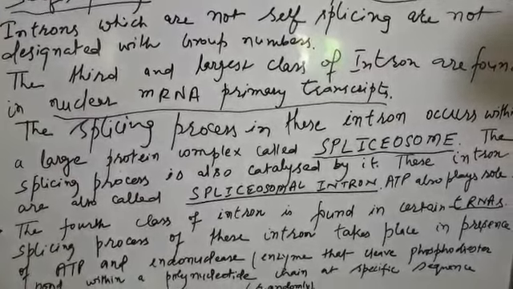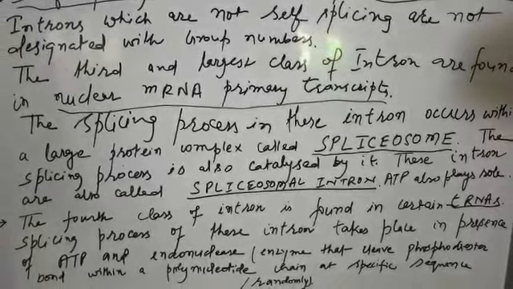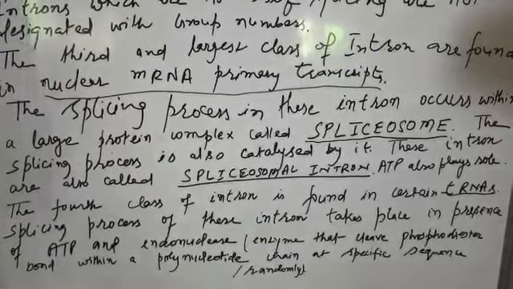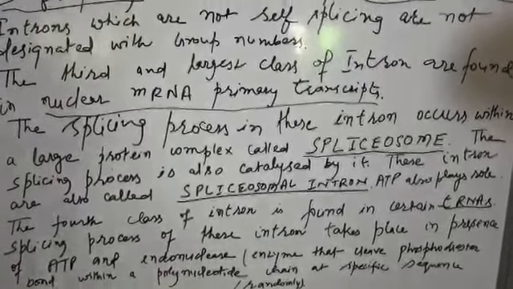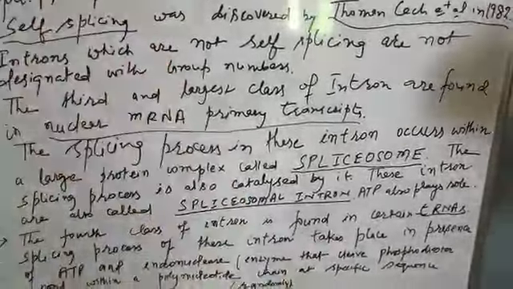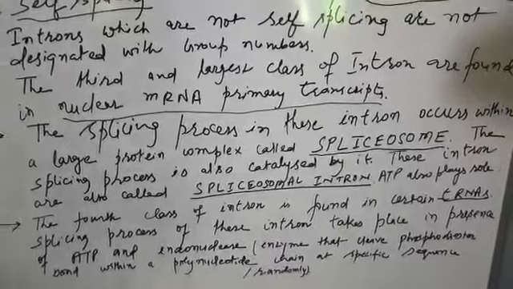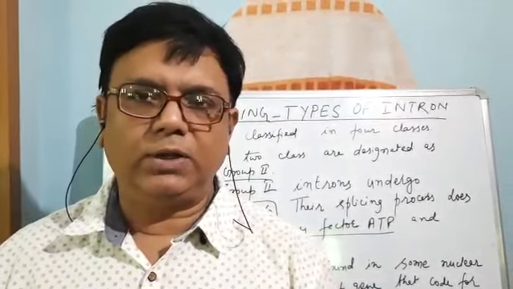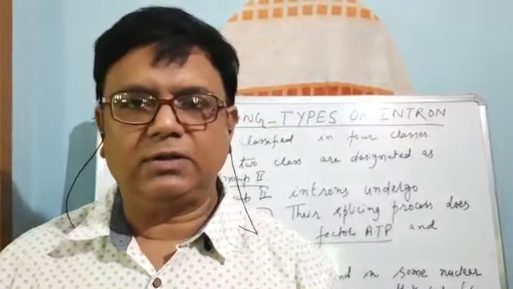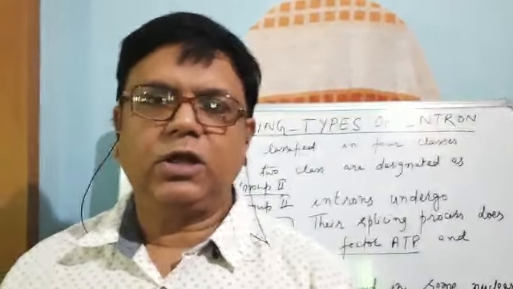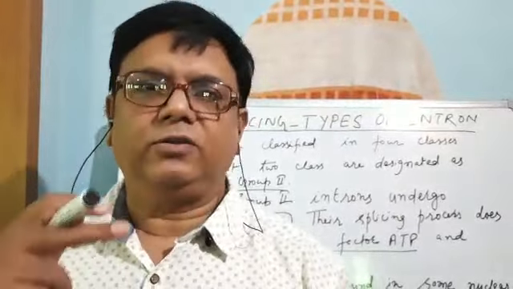As I told you, it is an enzyme which cleaves phosphodiester linkage within a polynucleotide, either at a specific site or randomly. And if you have an enzyme which cleaves at both specific and random sites, you call it exonuclease. So this is all about types of introns, that is group 1, group 2, spliceosomal intron, and the fourth one that is catalyzed by ATP and endonuclease. That is their classification based on their process of splicing. Thank you.